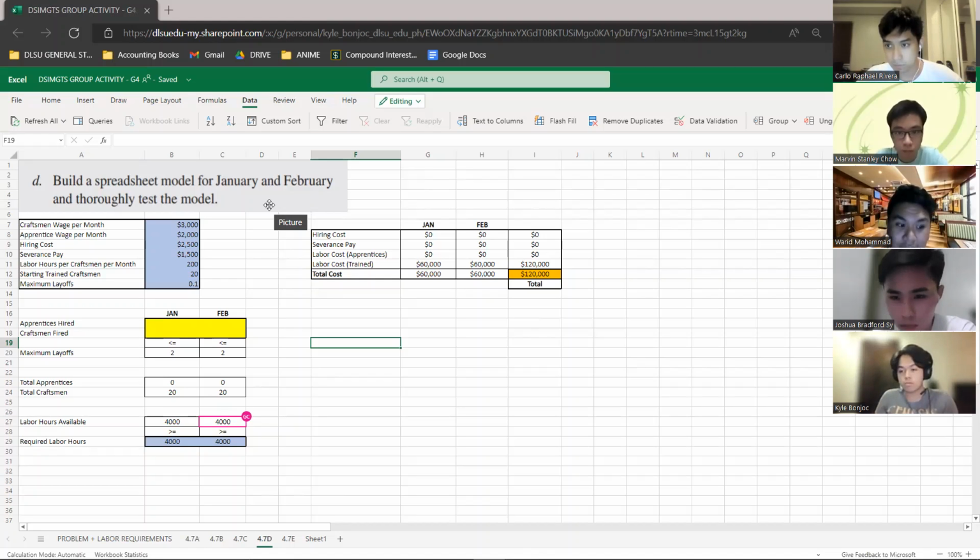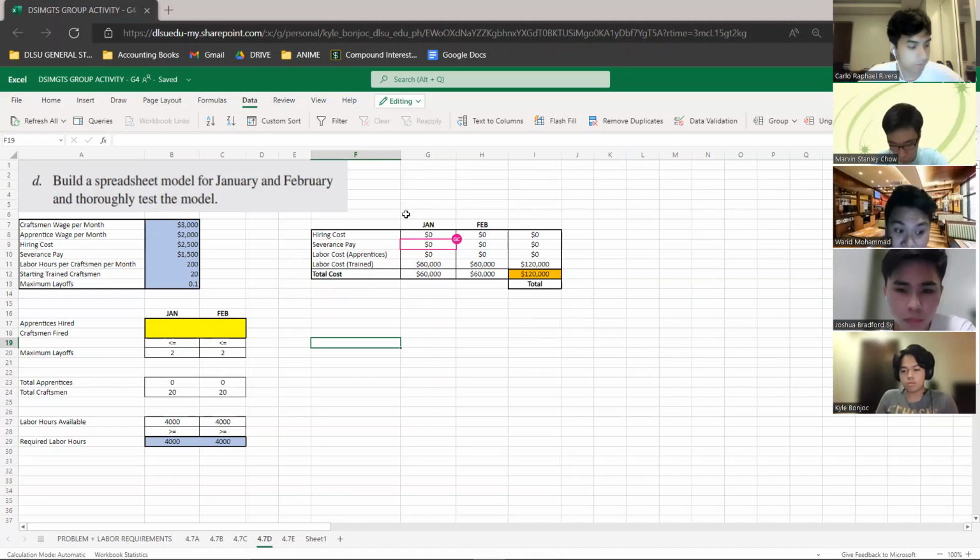Hiring cost is obtained by multiplying 2,500 by the apprentices hired for the month, and following that, severance pay also follows a similar format, wherein $1,500 is multiplied by the craftsmen fired for the month.